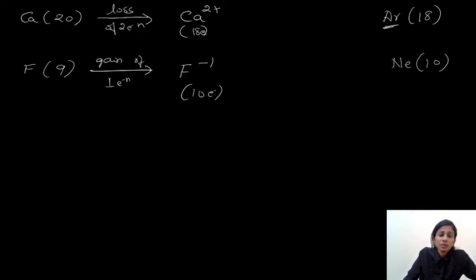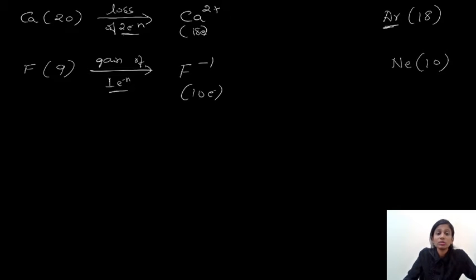Okay, now if you see the number of electrons lost and gained, here 2 electrons are lost, here 1 electron is gained. So you can easily see that the charges are not balanced. The number of electrons lost is more, the number of electrons gained is less.